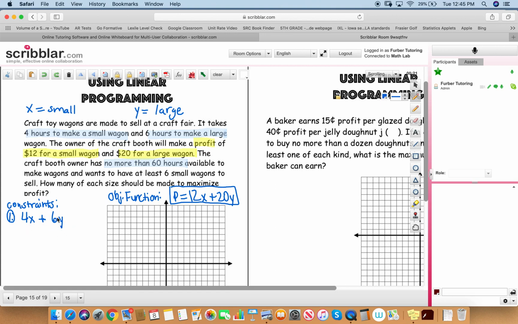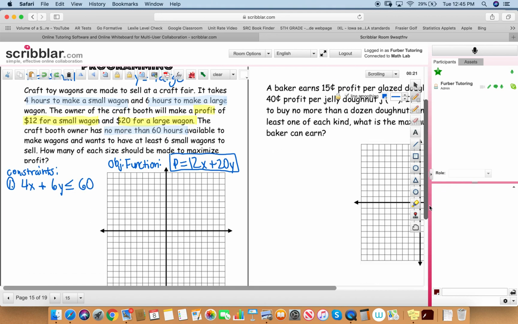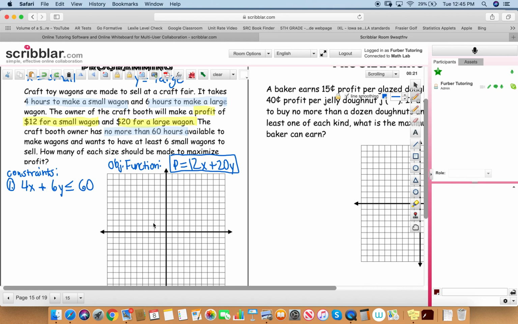That amount together cannot be any more than 60 hours. So those two together have to be less than or equal to 60. There's your first constraint. Now I'm going to put it into slope-intercept form so I can graph it, and then I'll find the other constraints.